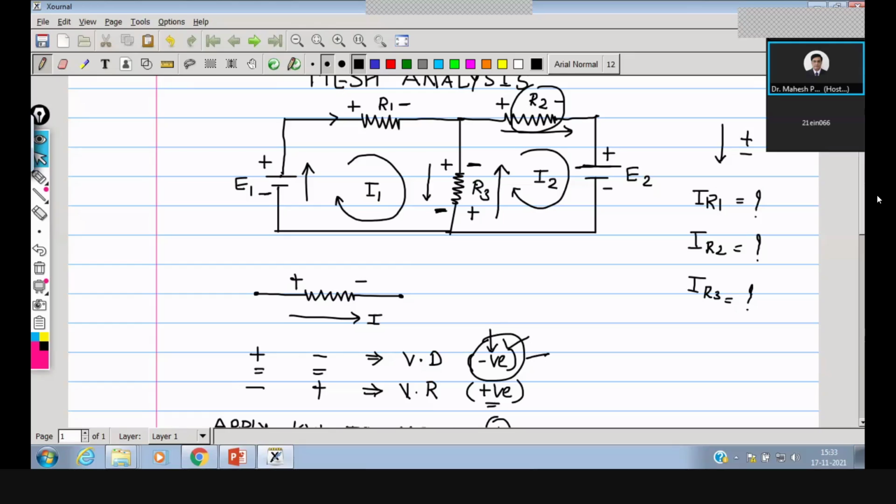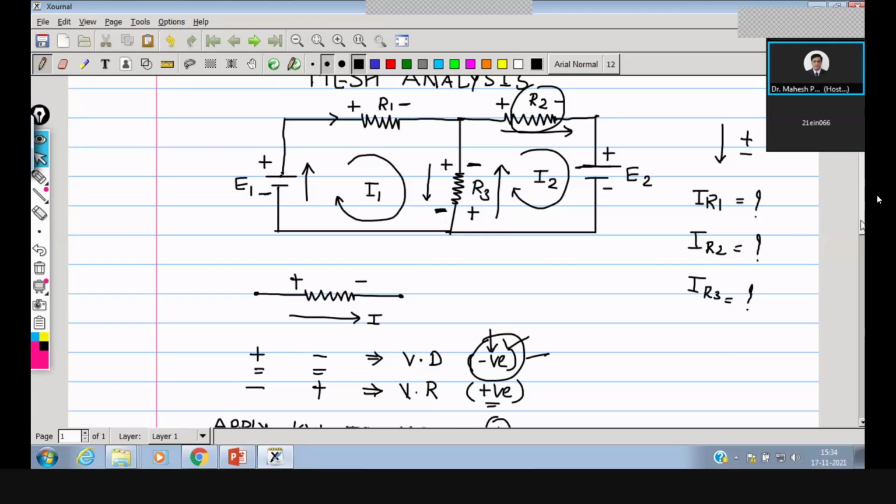The other voltage drop, due to current I1, goes from plus to minus, because current I1 flows in mesh 1 while current I2 flows clockwise in mesh 2. According to that we will write the expression.